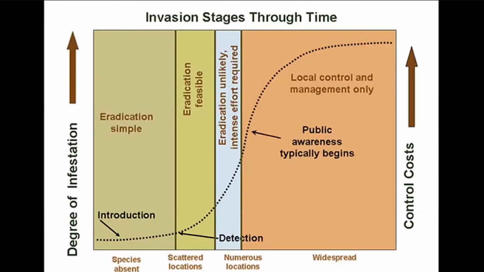And before long, we've got this rapid growth up this curve of the population and quickly it becomes much more difficult and much more expensive to manage. And so oftentimes we don't have a recognition or an awareness of the problem until we've gotten to the point where we really don't have an opportunity to eradicate it, and even kind of control of it and management on the landscape becomes difficult and expensive.